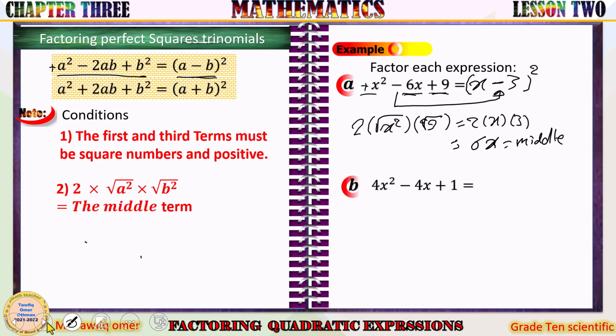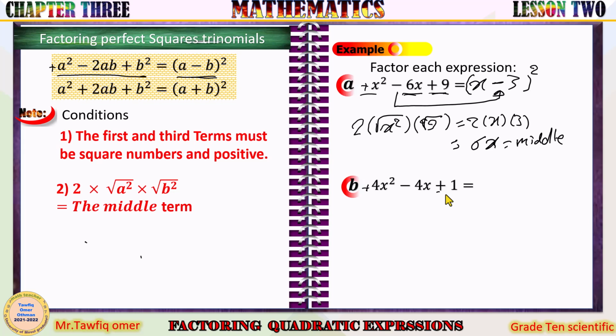For b, we are doing the same thing. As you can see here with b, the first one is positive and the third one is positive, and both of them are square, so it satisfies the first condition.